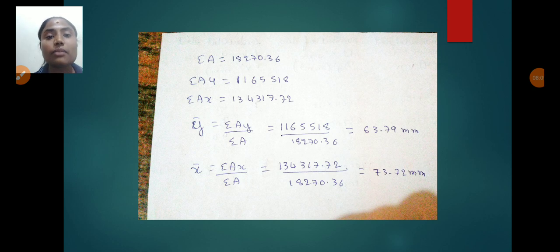And for y bar we do summation of AY by summation of A, we get 63.79 millimeter. When we do x bar, summation of AX by summation of A, we get 73.72.